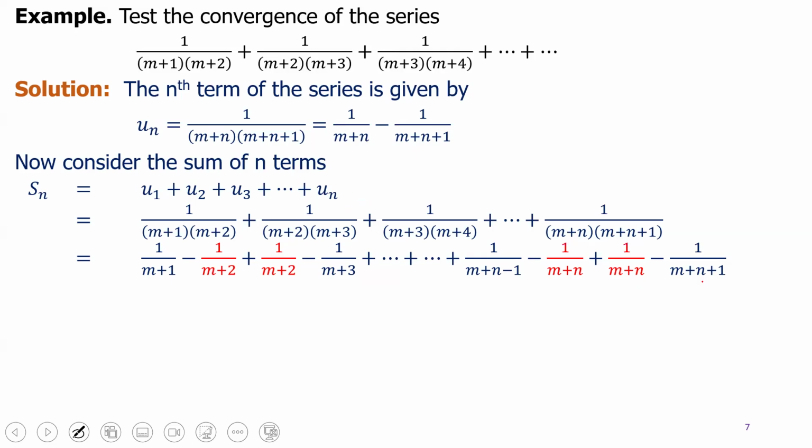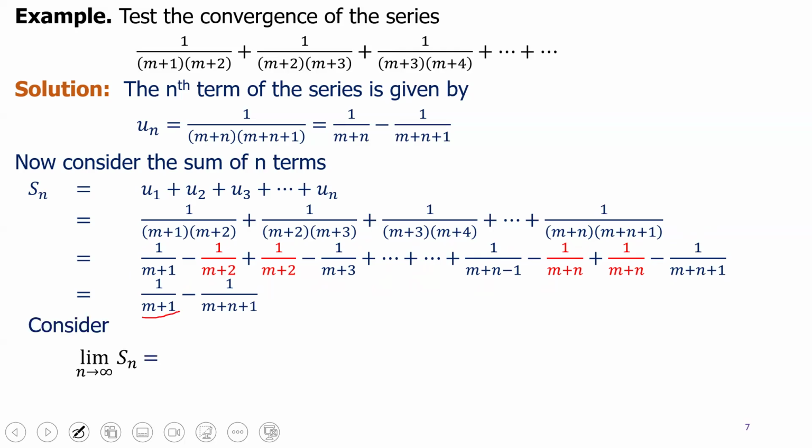If we simplify all these terms, each term cancels with the next. All terms are cancelled except the first term and the last term, so only two terms remain and the rest cancel out. So this is what it is: 1 upon (m+1) minus 1 upon (m+n+1).